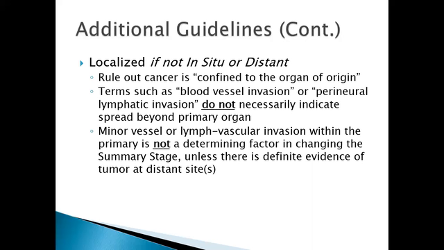Minor vessels or vascular invasion within the primary site is not a determining factor in changing the summary stage unless there is, once again, definitive evidence of tumor at a distant site. Okay, so just pay close attention to those terms, and know that that does not mean that the tumor has gone beyond the organ of origin, because remember, every organ also has blood vessels and a lymphatic system going through it.